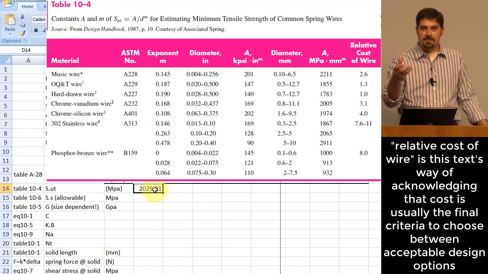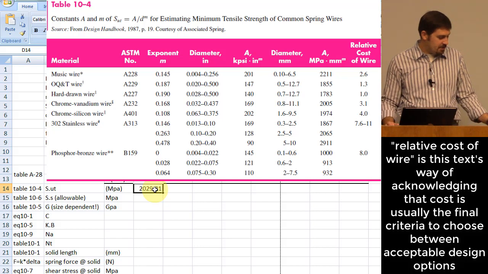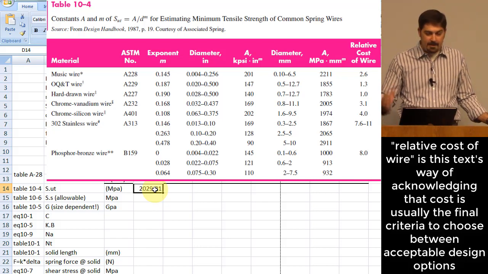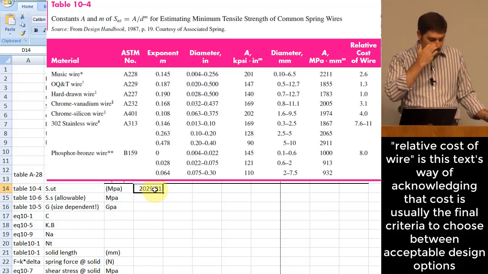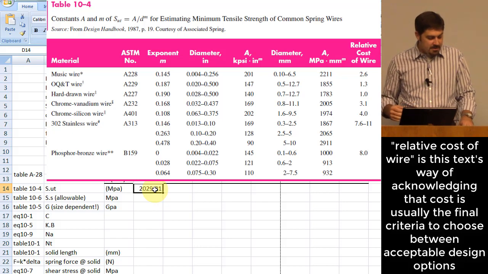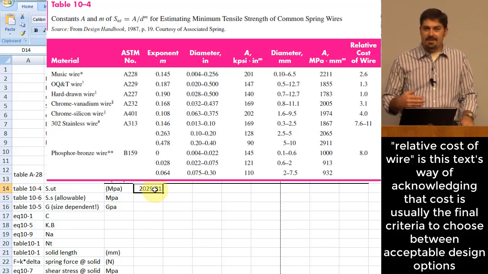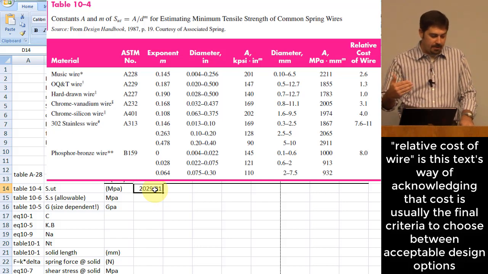Then you have to have some way of choosing which spring you want, and you can use the figure of merit as the very last parameter. What they suggest here is basically reducing cost to its minimum. And what they give you with this relative cost value in this table is at least one way of estimating how much the material will cost for one spring versus another.